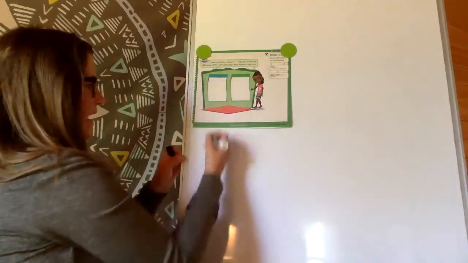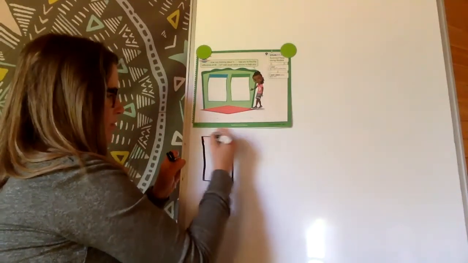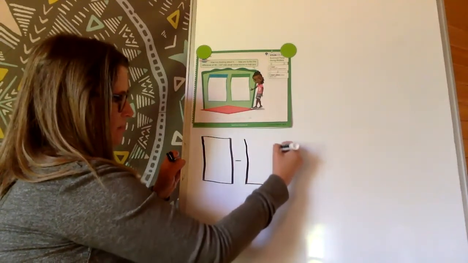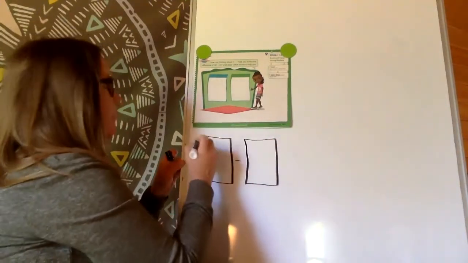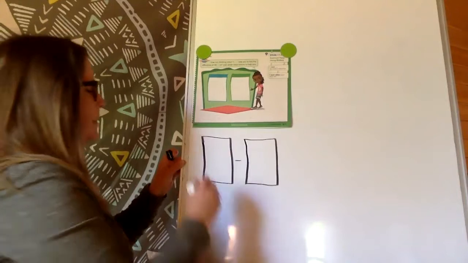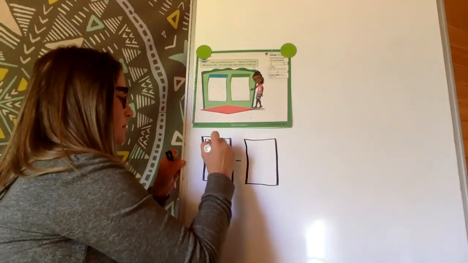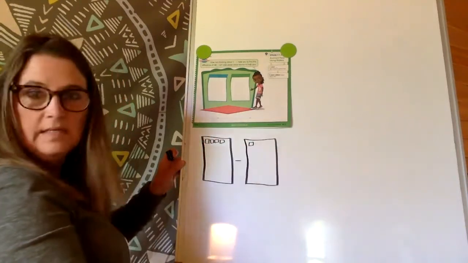So I'm going to build that. Here are the two boxes representative of the boxes on your paper. We use these to build our models. So they want to know, how can thinking about 4 minus 1, so if I have 4 and I take 1 away, what does that leave me?